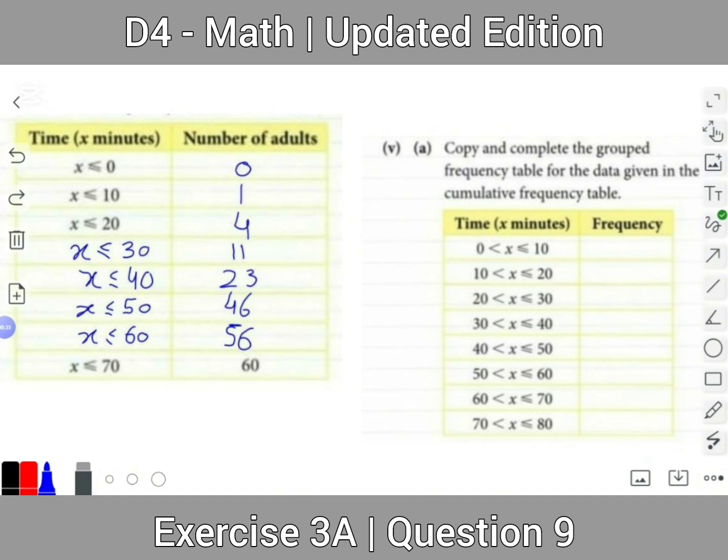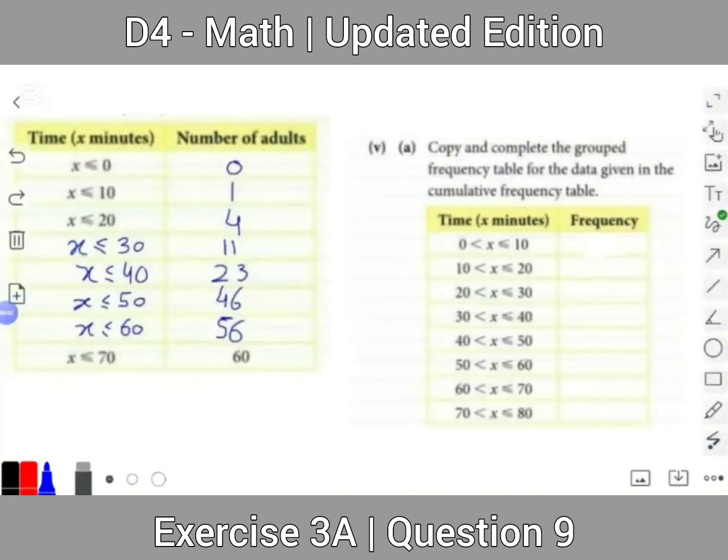So now for each class interval, subtract the cumulative frequency of the previous interval from the current interval, and that gives us the frequency for the specific class interval. The first entry in the frequency column will always be equal to the first cumulative frequency value. So the frequency for the class interval 0 to 10 is 1.